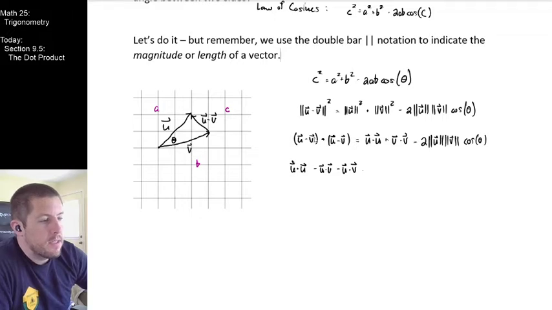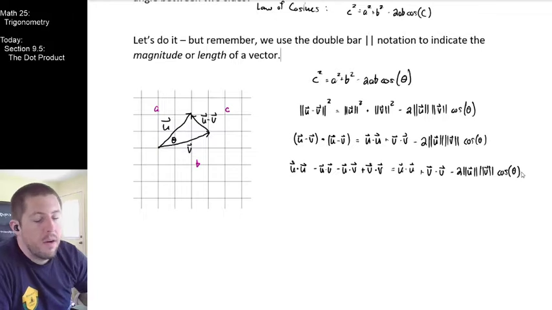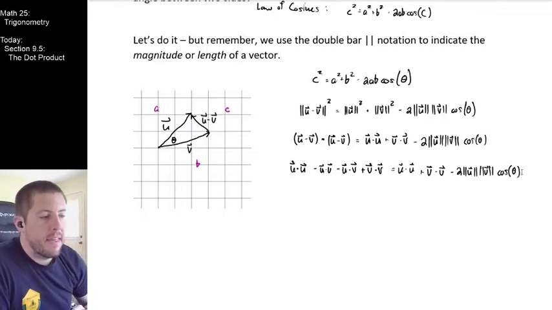And last is going to be negative v dotted with negative v, which should be positive v dotted with v. This is equal to u dot u plus v dot v minus 2 magnitude of u magnitude of v times cosine of theta. Now, we've written out this whole thing as dot products.